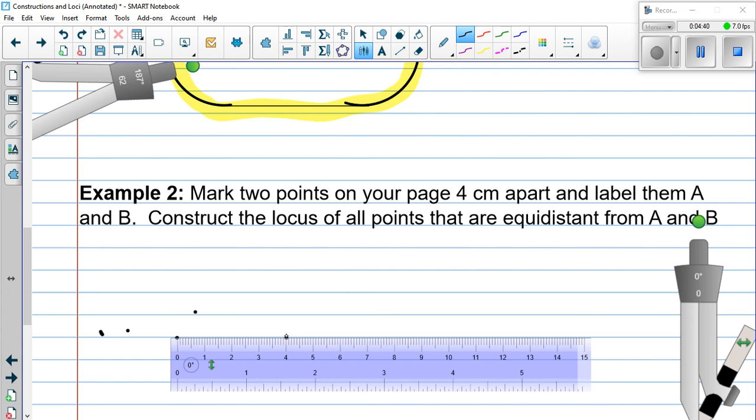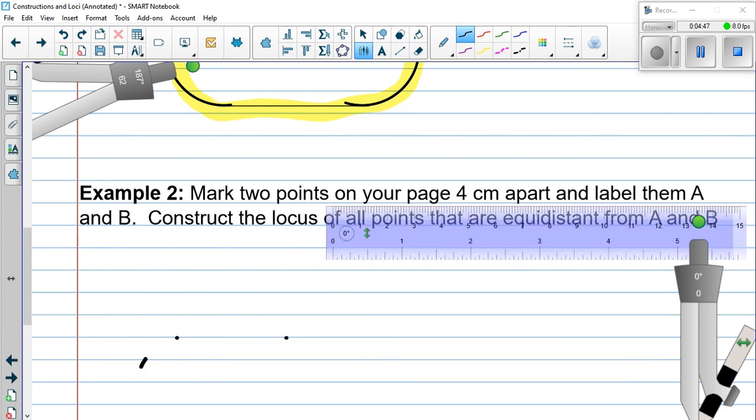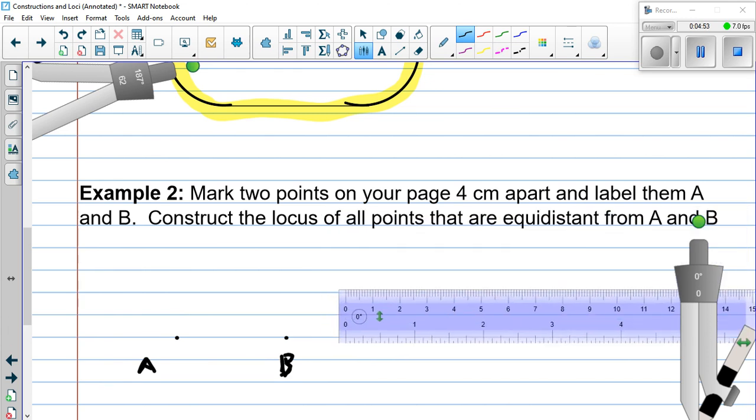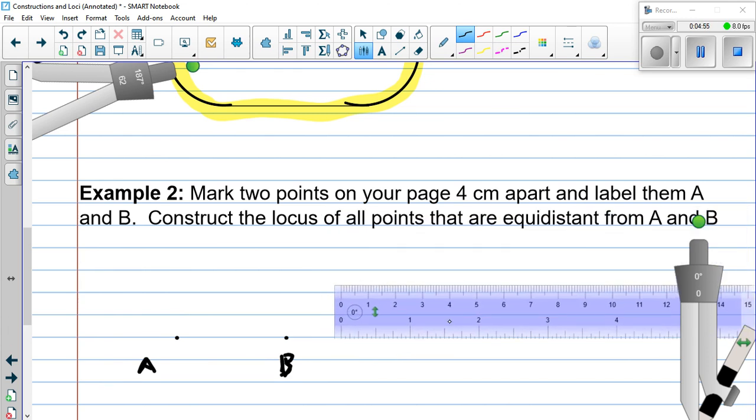I've got my 2 points. And a couple other points from my hand hitting it. So label them A and B. A and B. So construct the locus of all points that are equidistant from A and B.